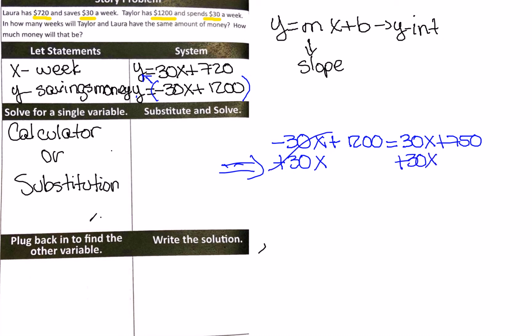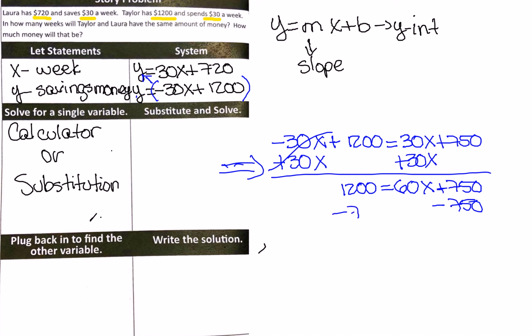So those two will simplify, and I have 1200 equals 60x plus 750. Now I have to add or subtract, so this is positive, so I will do minus 750 on both sides.